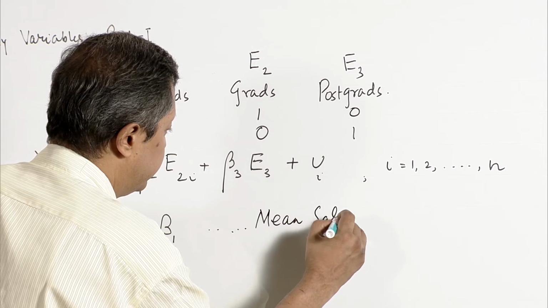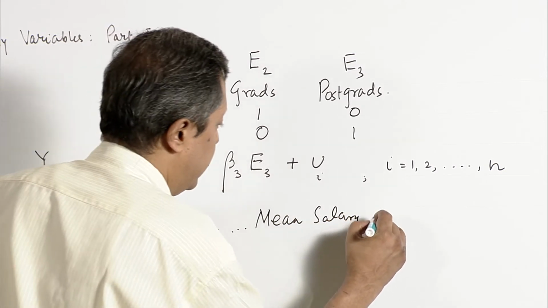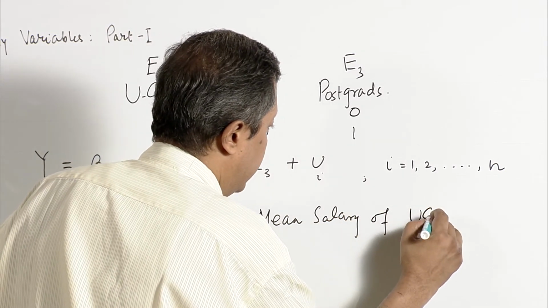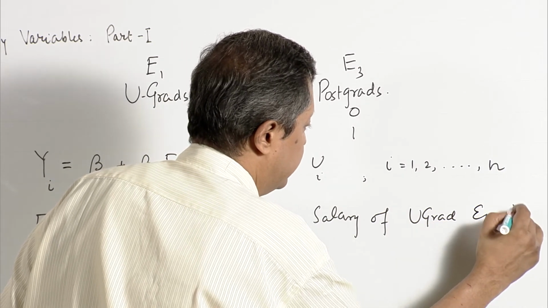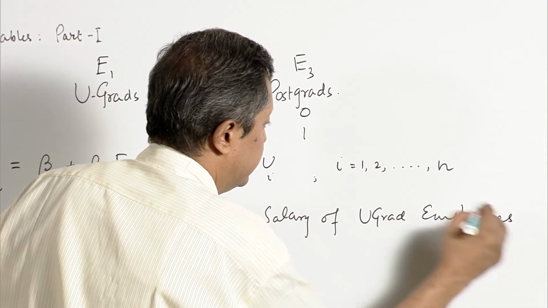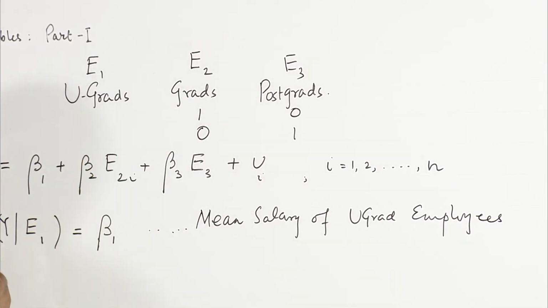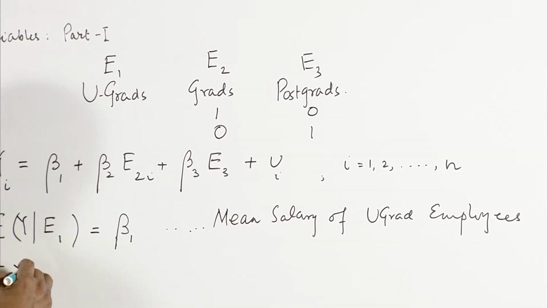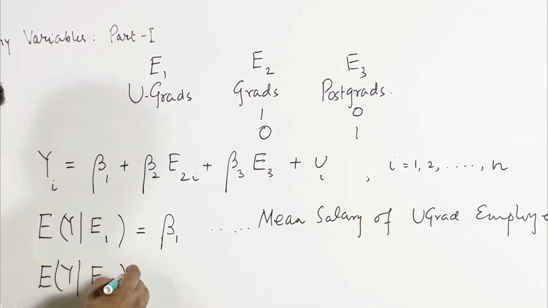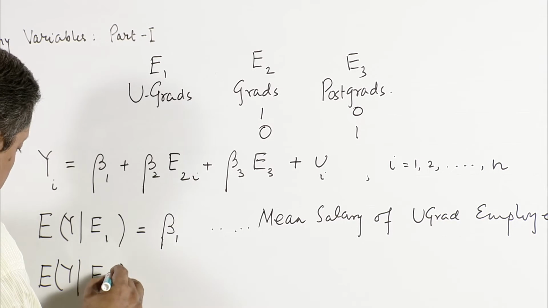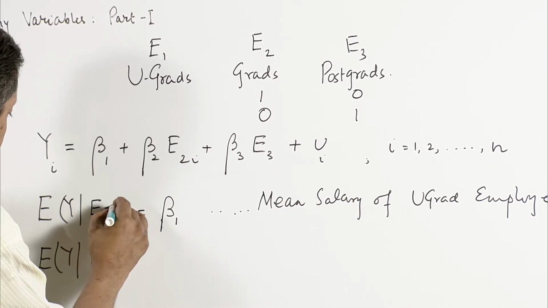So, this is the mean salary of undergraduate employees. Expected value of y, given that E1 equal to 1.